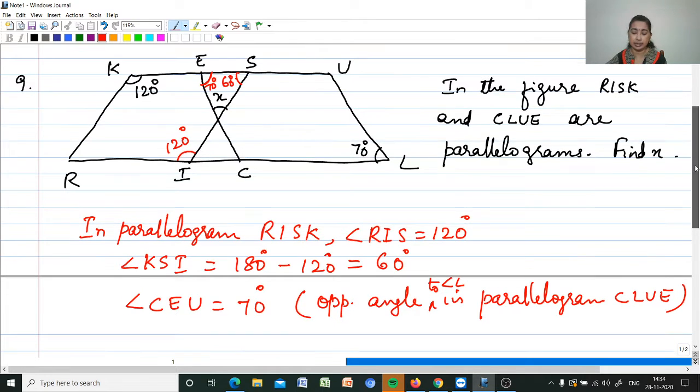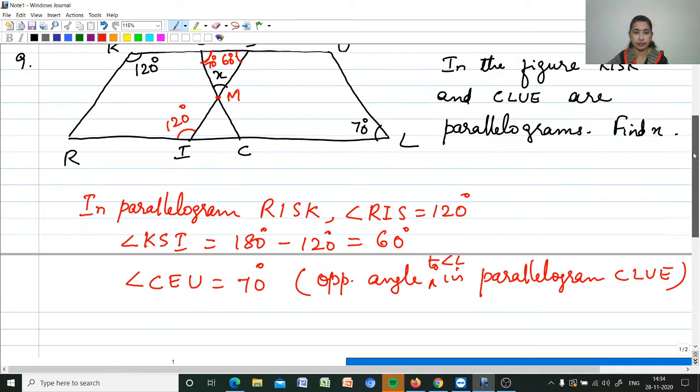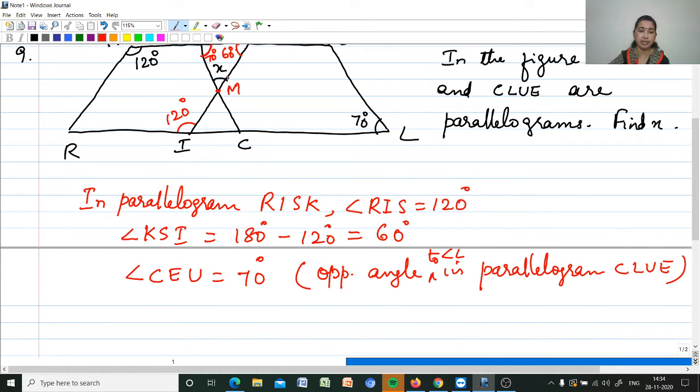You can see that if this point we give some other name, let it be M, this is a triangle. In a triangle, the sum of all three angles will be 180 degrees.